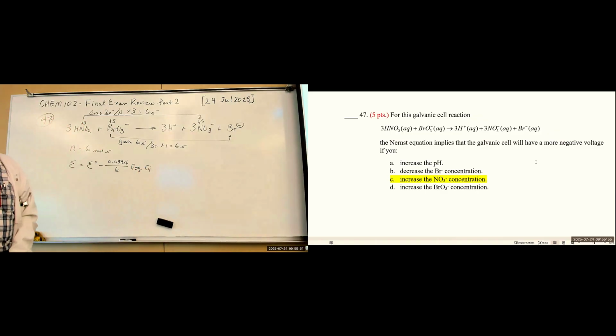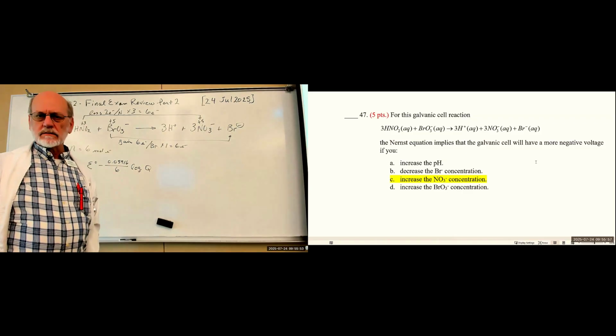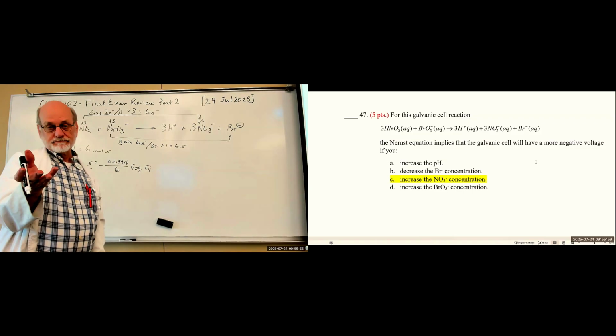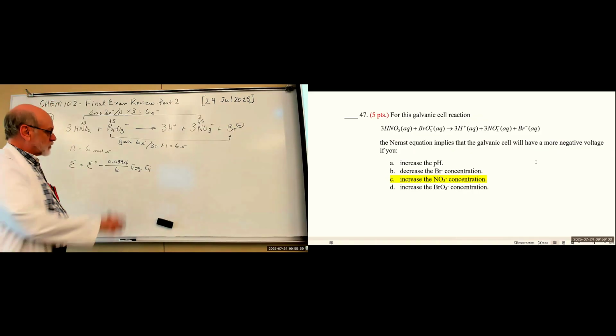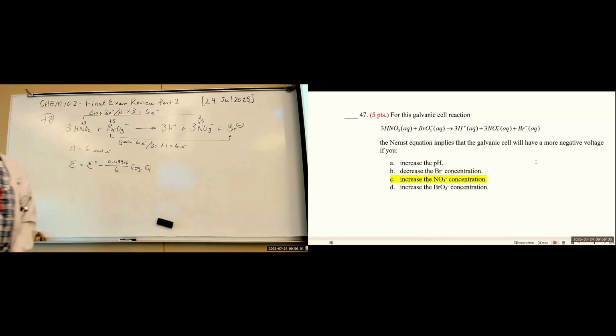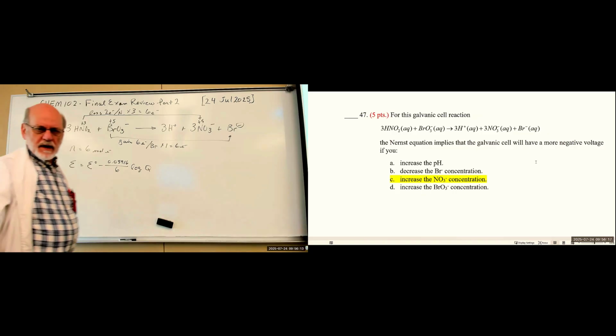Okay? Now, we can't calculate Q, right? Because we're not given any values. I mean, we could write out the Q expression, and let me see if that's going to make a difference. All right.